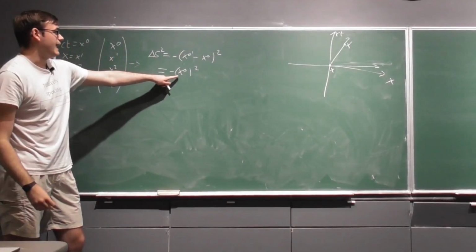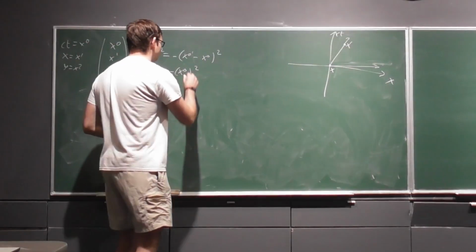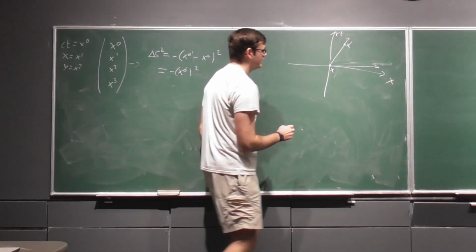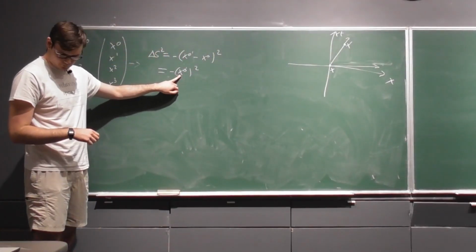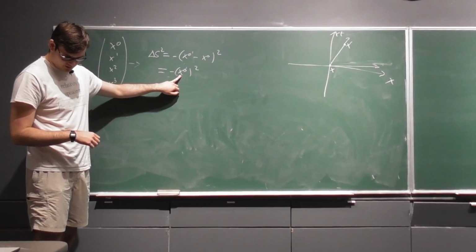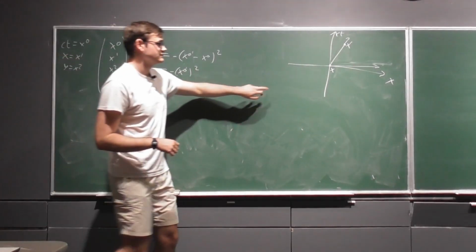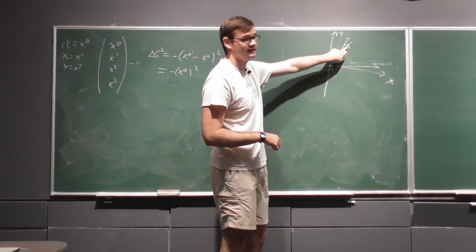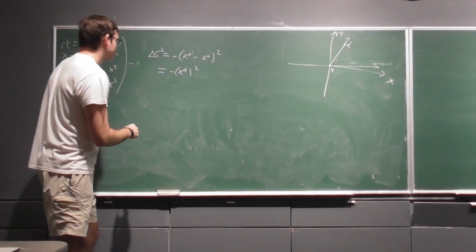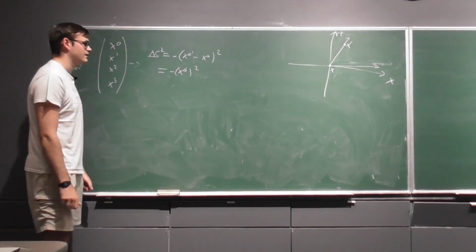So x naught prime is the time component in the new frame. So this is essentially the time taken to get from here to here. So I can interpret this quantity as minus the square of that time.